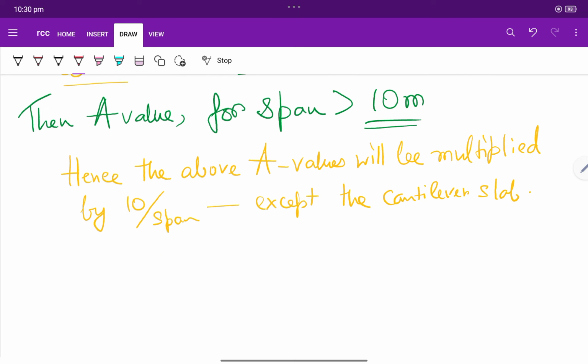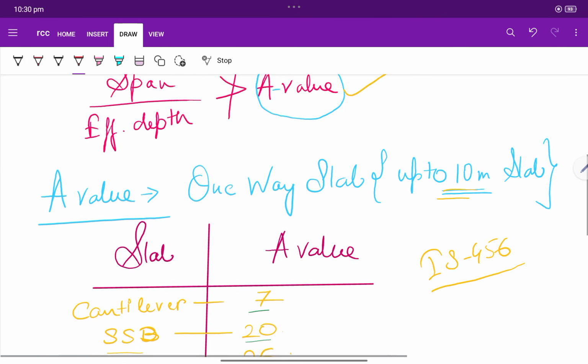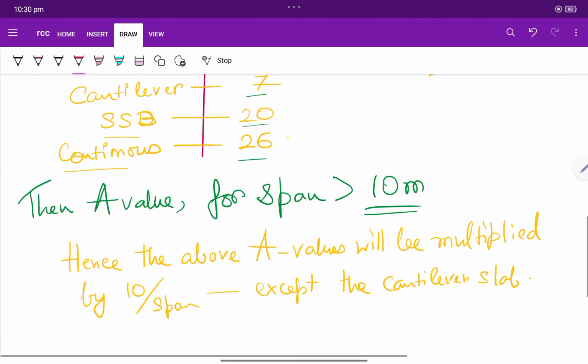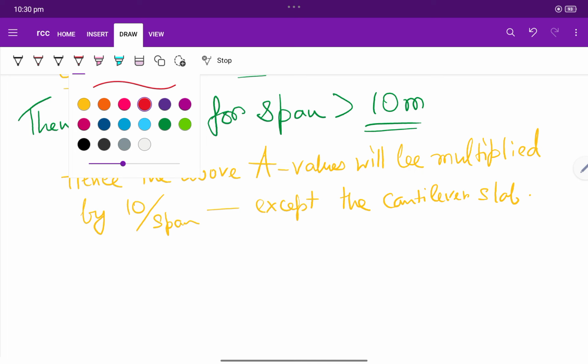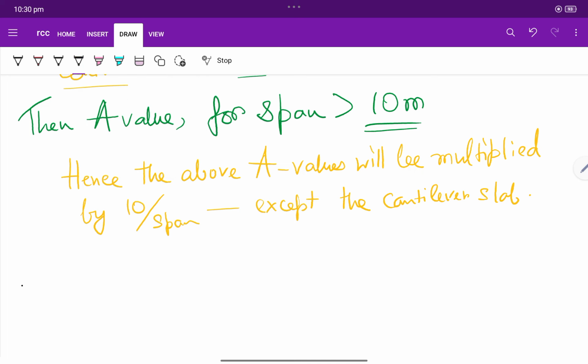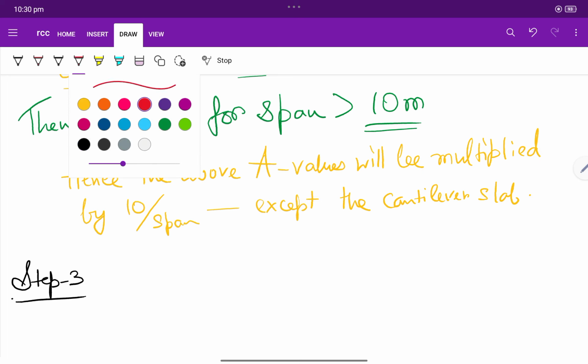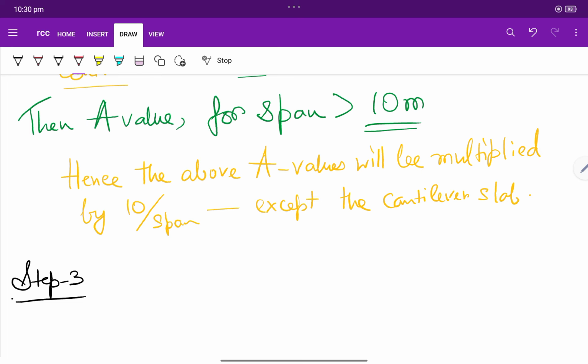So next step, step 3. Step 3 is effective span calculation.